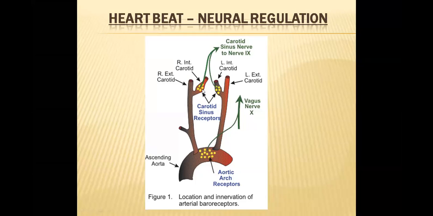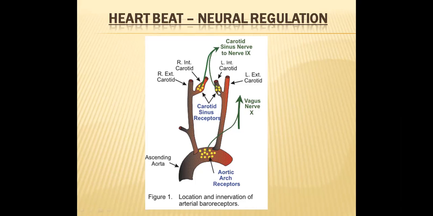They receive information regarding the pressure of the blood. Blood flows in the left aortic artery and these carotid arteries, and as it flows, the blood pressure is sensed by these receptors.